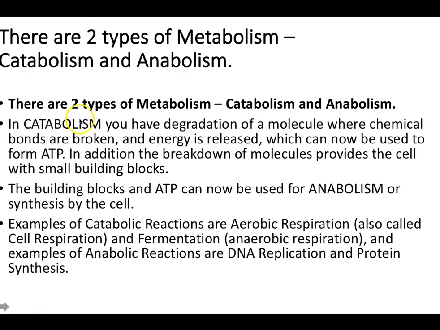Okay, so in catabolism, you have the degradation of a molecule where chemical bonds are broken and energy is released. That energy can now be used and trapped in the form of ATP. In addition, the breakdown of molecules provides the cell with small building blocks. So think Lego blocks.